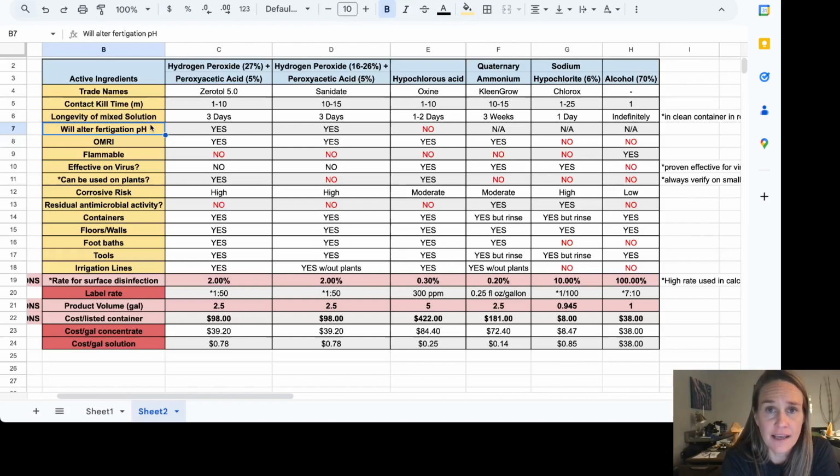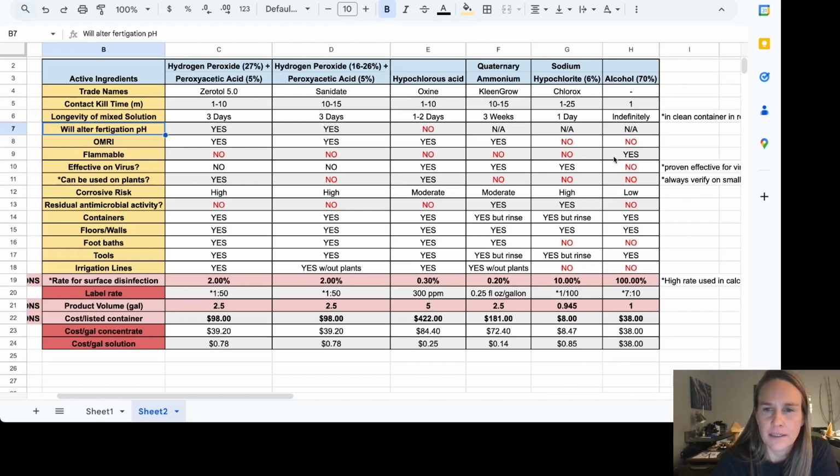But understanding that and being able to let your team know, hey, if we're doing a line cleanse with emitters still in the plants, you're going to see a change in the pH. Whereas with hypochlorous acid, you're not. The others don't matter because you can't put them on your plants.